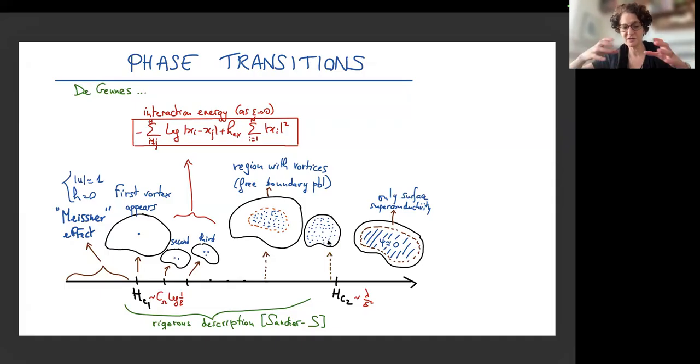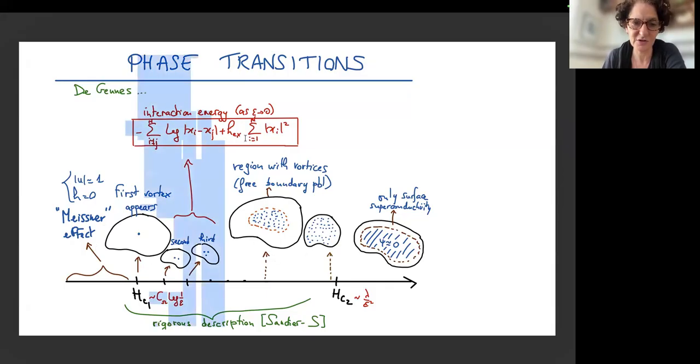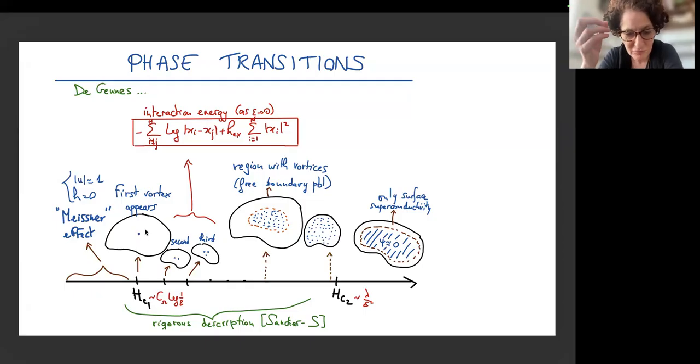The region with vortices takes up the whole space, right? It takes up the whole domain. And then you reach the second critical field. So this is what we showed, right? That this can be made rigorous, and we derived an interaction energy, which is the logarithmic interaction plus some form of confinement that keeps the points sort of centered near the center of the sample, whatever that means.